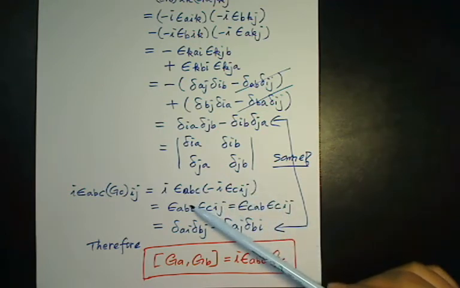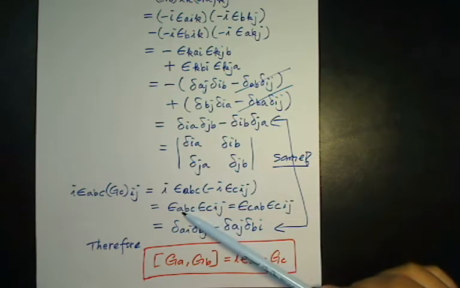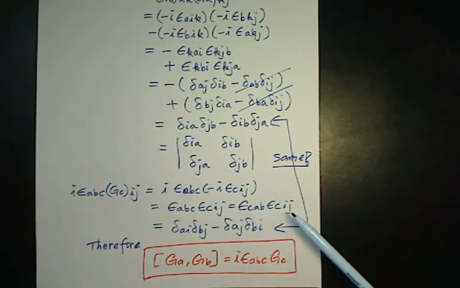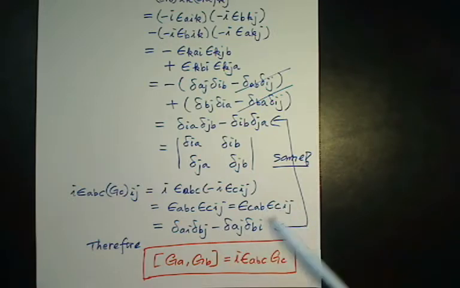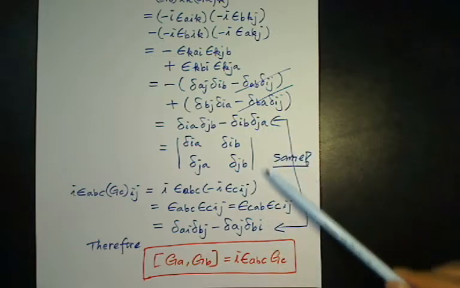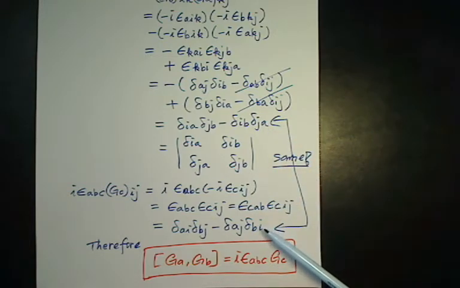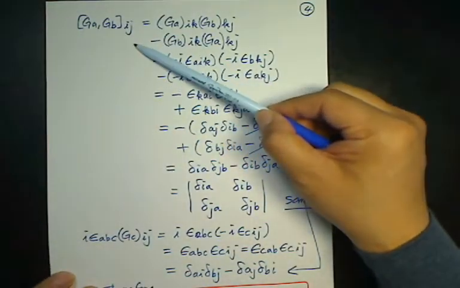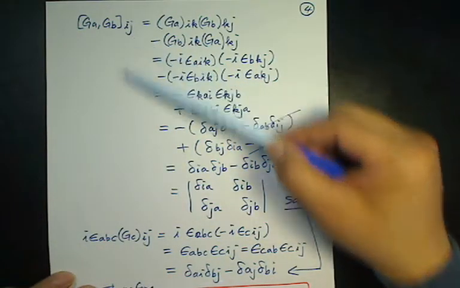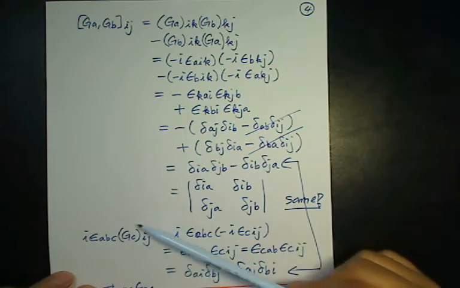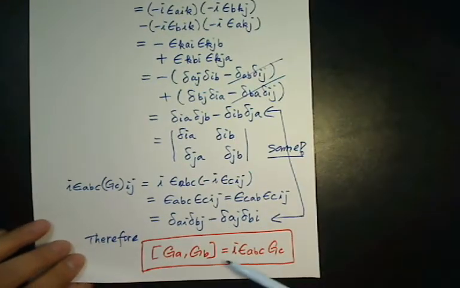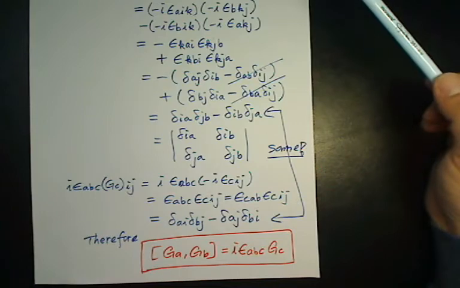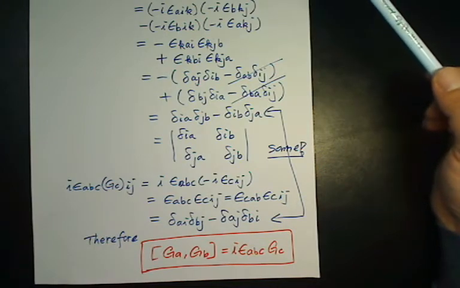So C will be moved without changing the sign. Therefore delta AI delta BJ minus delta AJ delta BI. Alright, these two are identical to each other. Therefore, for every component, this matrix ij element is identical to this matrix ij element. Therefore, we have proved the fundamental commutation relation for rotation.